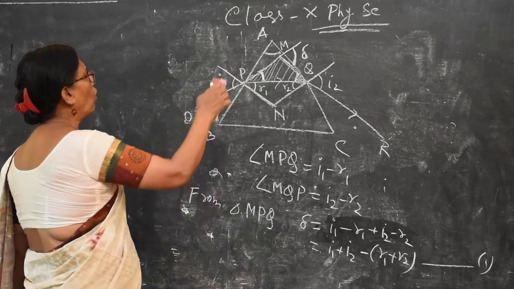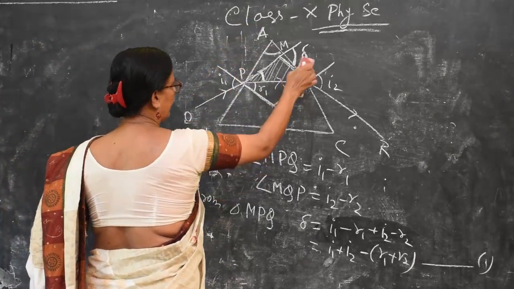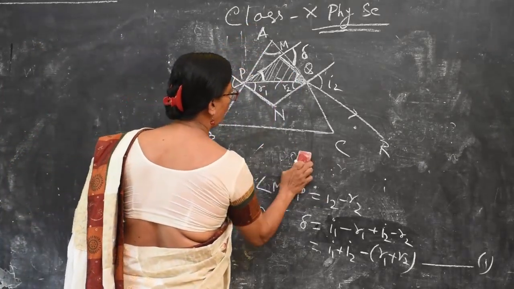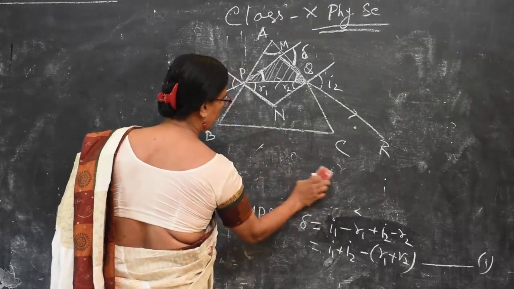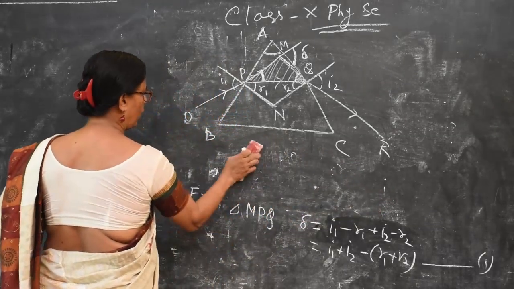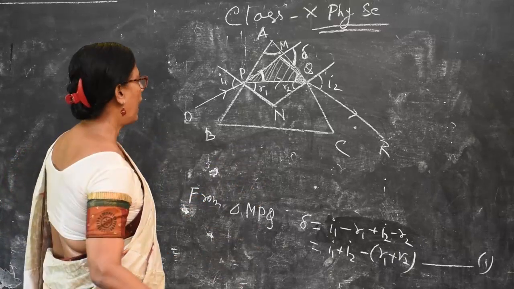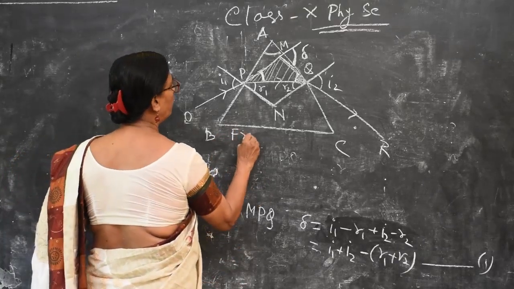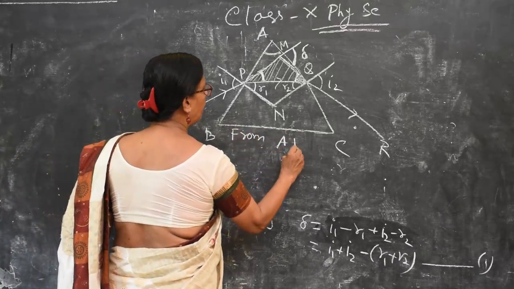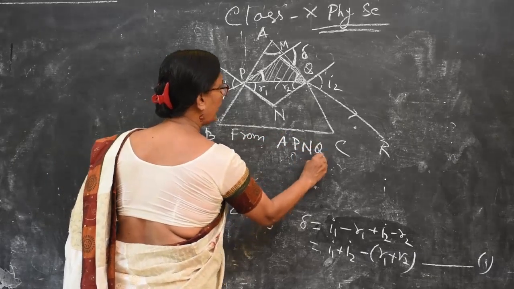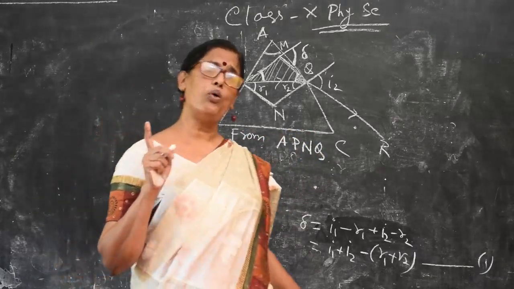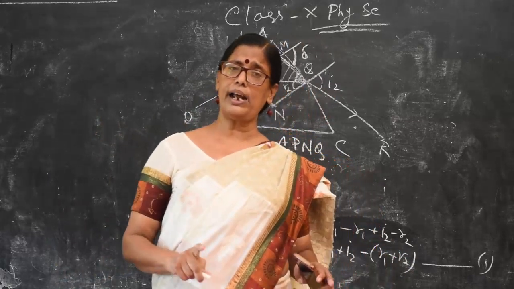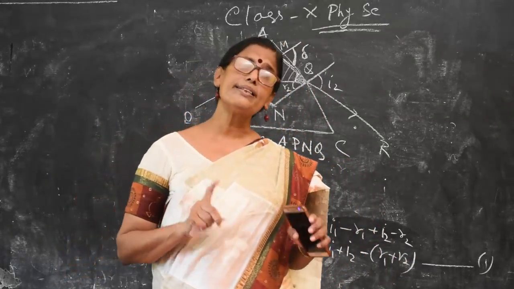Now we go to APNQ. APNQ is a quadrilateral. What do we write? From APNQ, what is the summation of the four angles of a quadrilateral? We know this is 360 degrees.